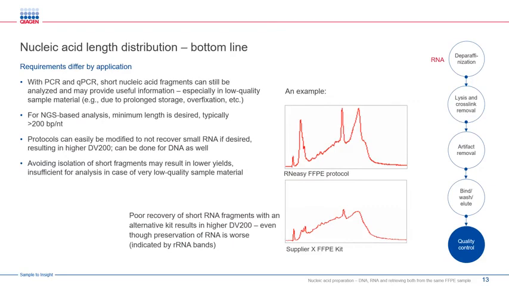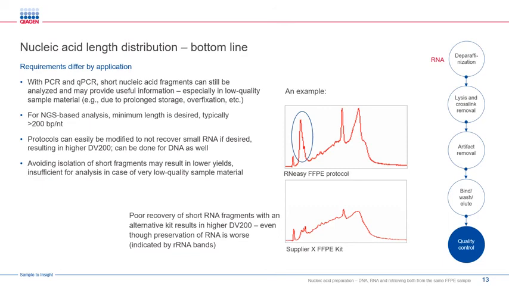To summarize that aspect, nucleic acid integrity or length distribution is important, but it also depends on the downstream application that the nucleic acid is used in. For NGS-based analysis, often you need a minimum length of maybe 200 base pair or longer, whereas for PCR and qPCR, short fragments can still be analyzed and also provide really useful information.